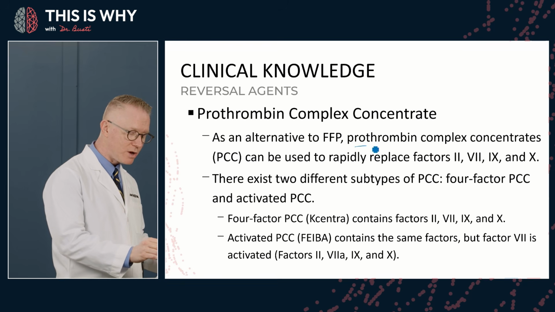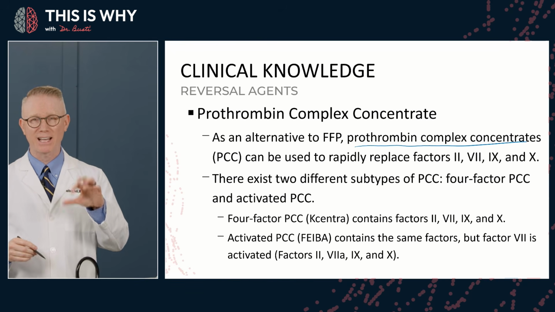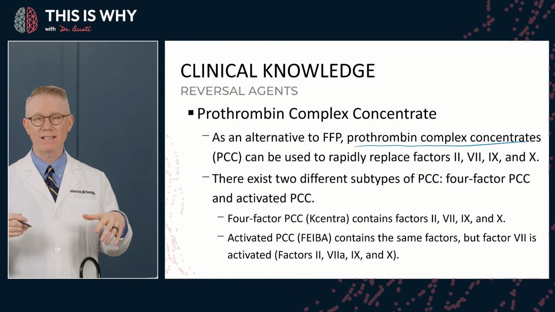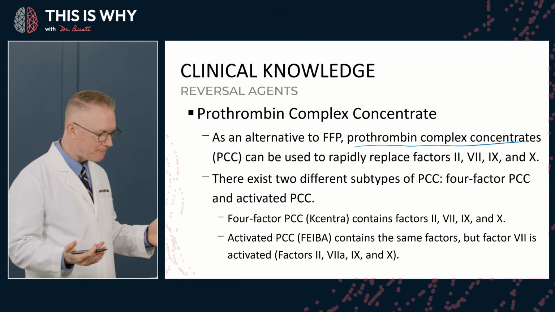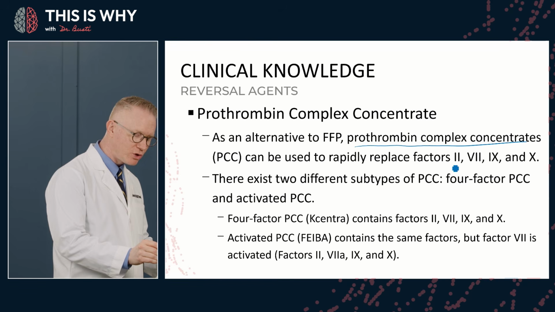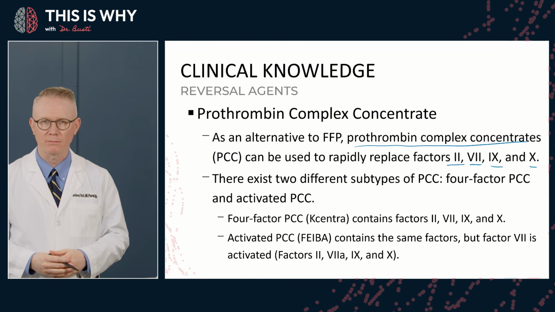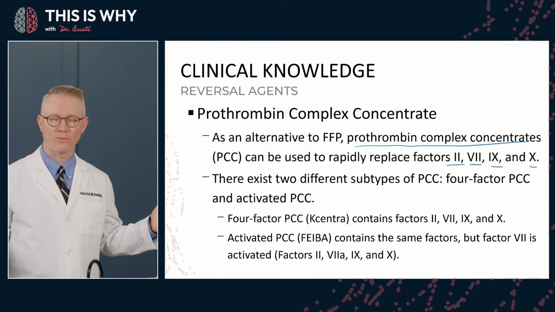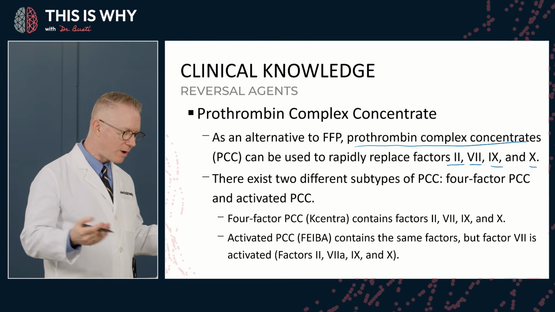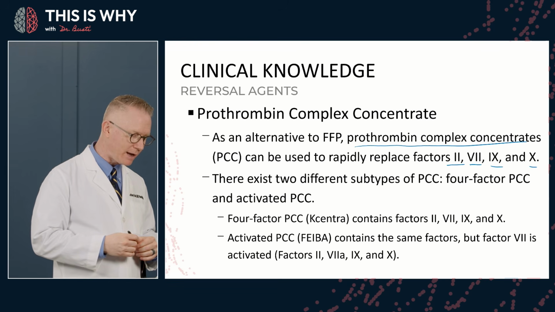You can even use what is called PCC, prothrombin complex concentrates, which are basically activated clotting factors, okay? They replace factors 2, 7, 9, and 10 pretty much as you infuse them. So whether the warfarin is there or not, it doesn't matter. These are the active forms and override any influence of the warfarin at that moment, okay?